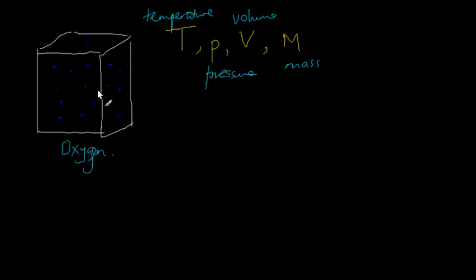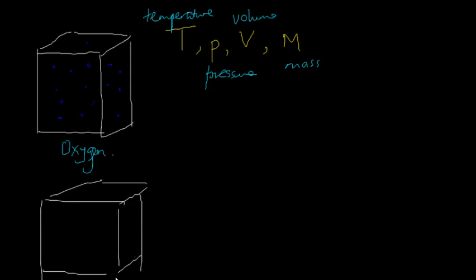In fact, if we just assume pure oxygen, they describe this gas completely, if we specify all of this, in the sense that if I have another box of oxygen, with the same temperature, pressure, volume, and mass, then if you look at these two, they would look exactly the same, right?